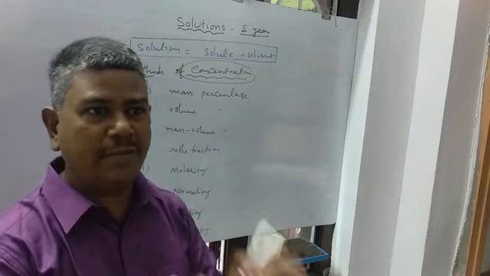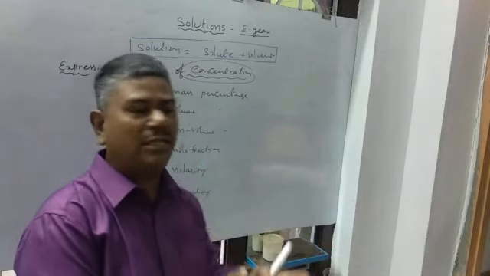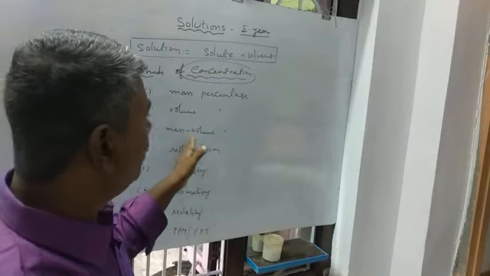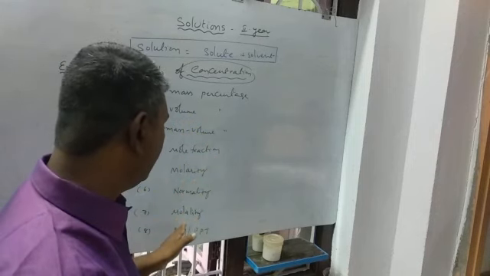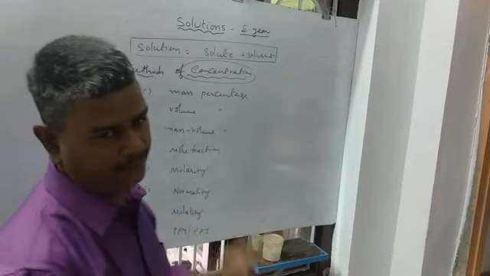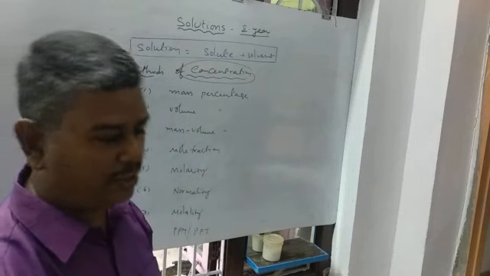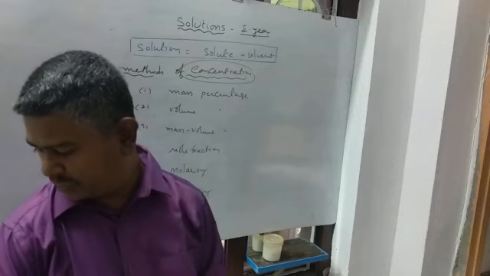So concentration means the quantity of solute present in a solution, expressed by the following methods: mass percentage, volume percentage, mass volume percentage, mole fraction, molarity, normality, molality, and ppm, ppt. All these are expressions for the concentration of a solution. Let us discuss one by one and the formulas given for them.